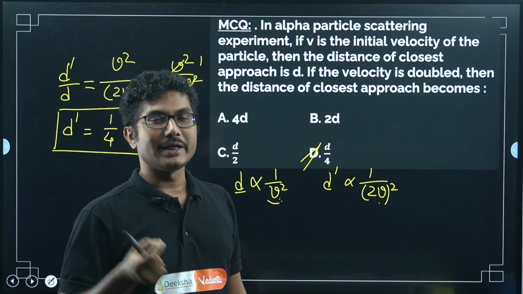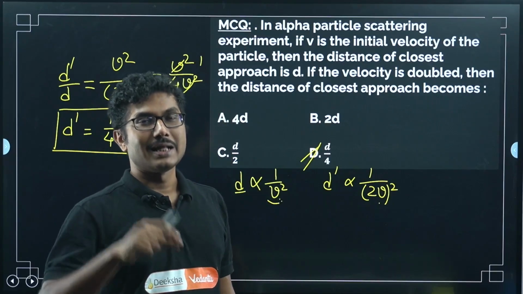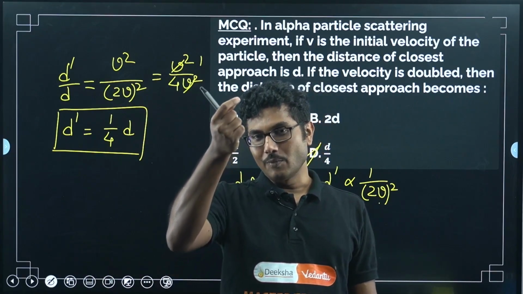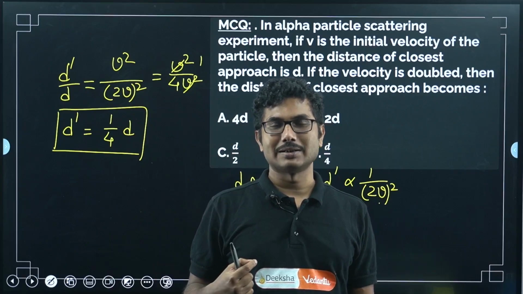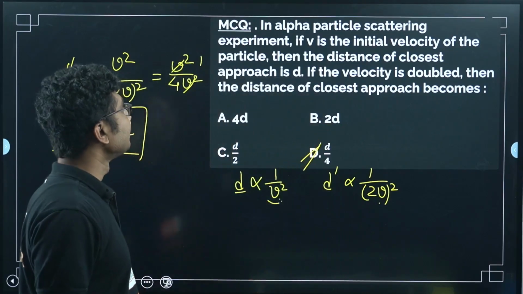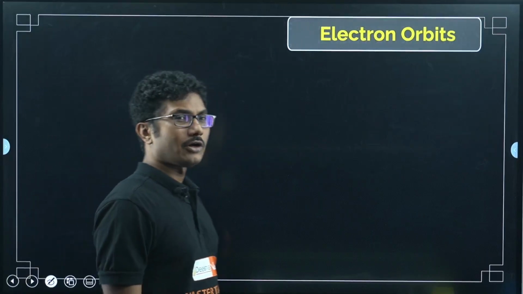If it is reduced, say halved, or it is 1/3, then the same process: 1 by 1/3 whole square, it will be 9 times. So remember that.